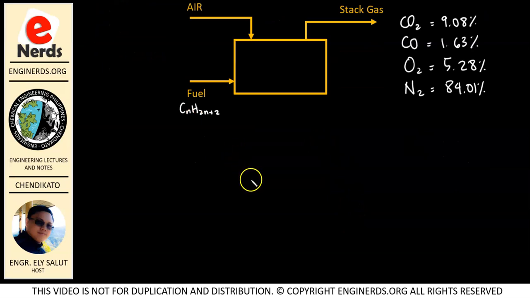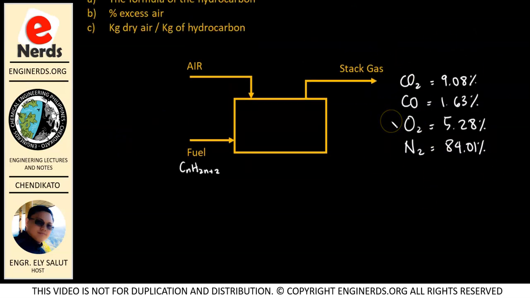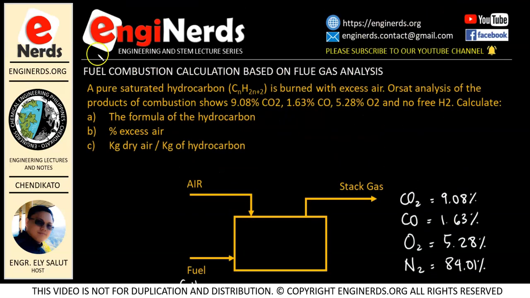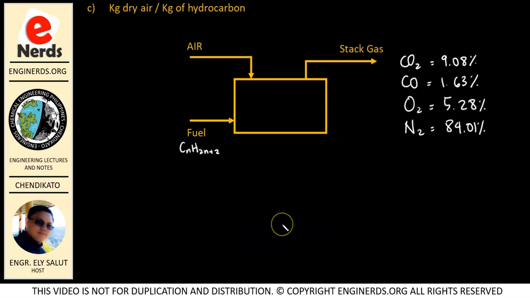First, we need to set our basis. Since the components of our flue gas are given, it is just logical that our basis will be from the flue gas. And that is why we call this calculation based on flue gas analysis, because we are basing it on our product.